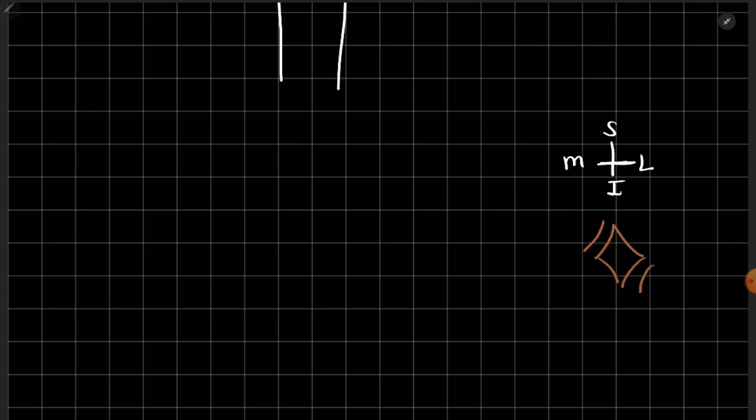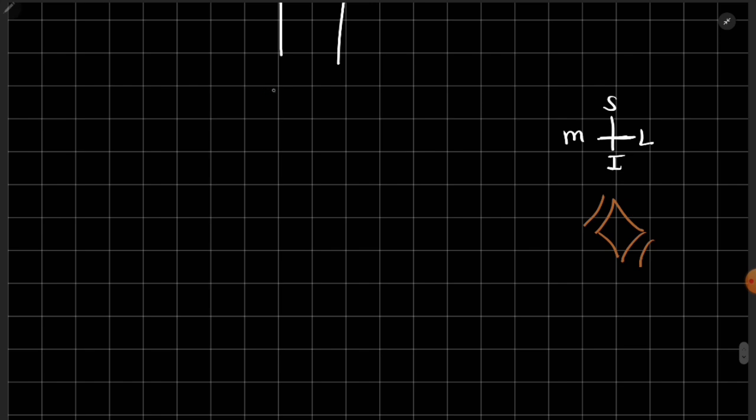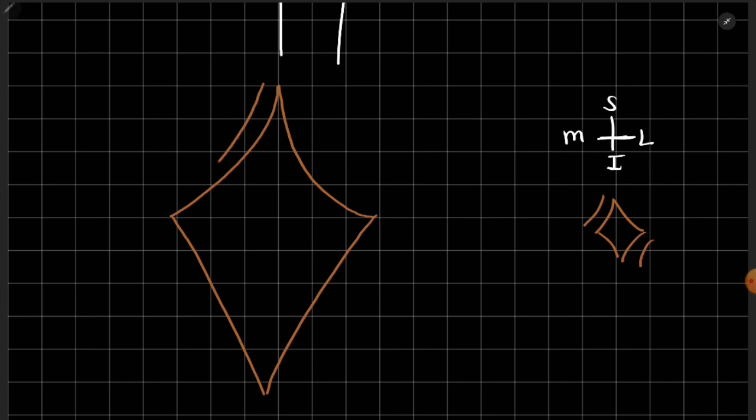This is the diagram which you should remember. This is the basic diagram. I prefer to draw like this. Since it is a rhomboid fossa, we will draw it in a rhomboid shape. So this is a basic schematic line diagram.